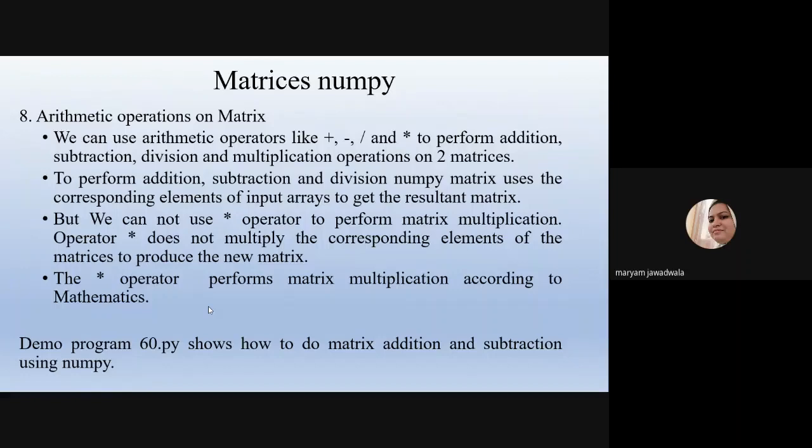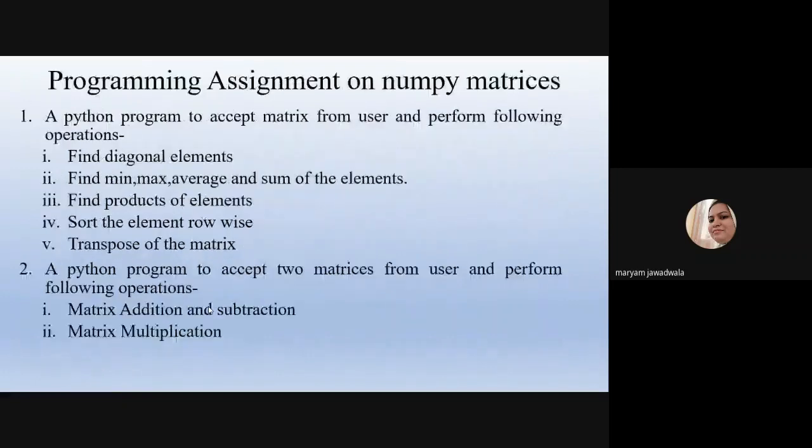Okay, I hope you understand all the concepts of matrices, how to create a matrix, and how to apply the various methods available in the numpy module for matrices, right? Now it is time to perform a programming assignment. It's time for you to do something. First, a very simple program you need to perform on your system is a Python program to accept a matrix from the user and perform the following operations.